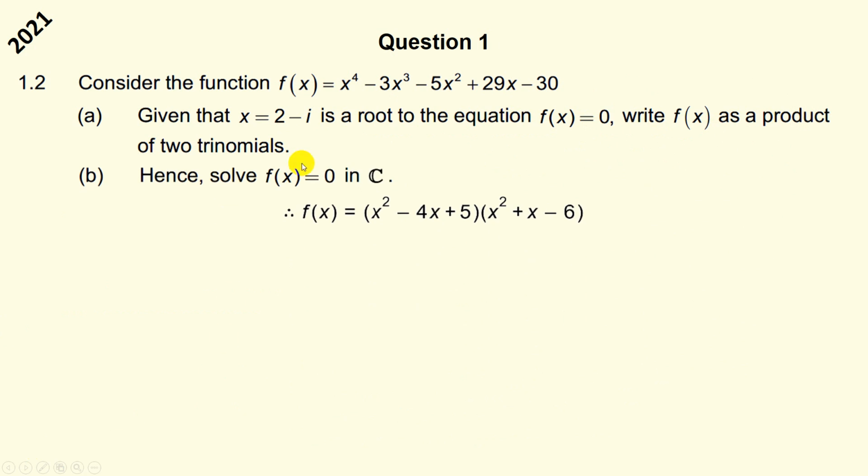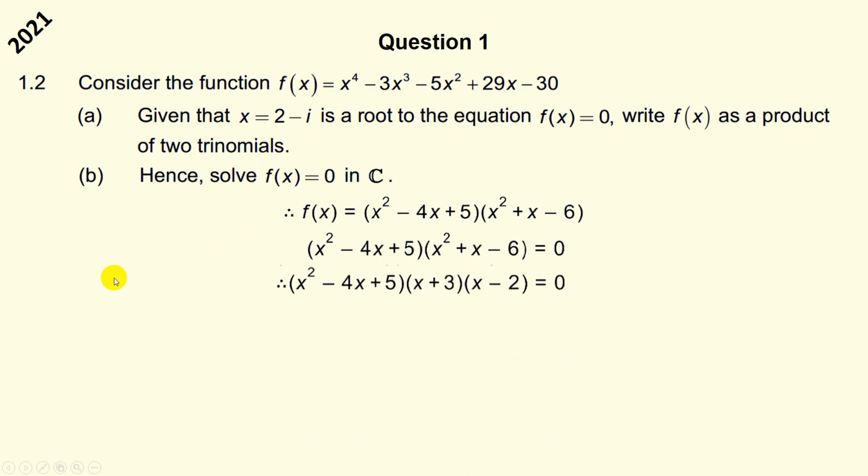Now we have to solve f of x equals 0 in complex numbers. So we have those two multiplying together, which means they are equal to 0. We're going to solve this one easily by factorization, but this one we'd have to use the quadratic formula, where the square root of negative 1 is r.